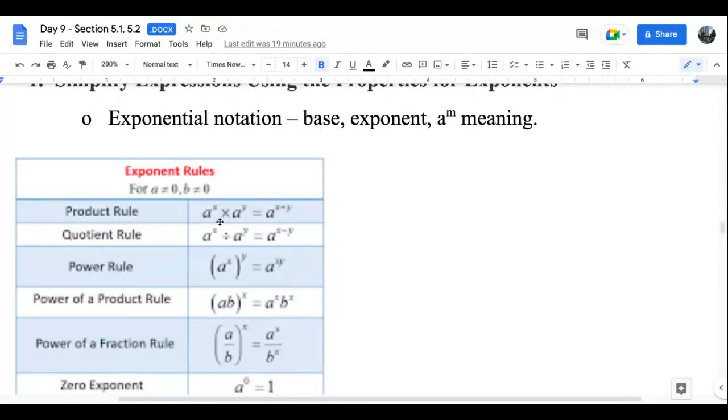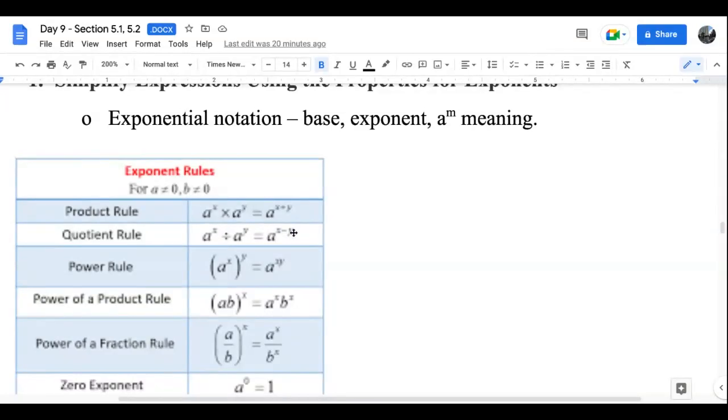First one, product rule. If two expressions have the same base and the relationship is multiplication, then we can keep the base and add their exponents. Same thing for the quotient rule. If we have one divided by another, this equals a raised to x minus y. In the numerator, the exponent is positive.